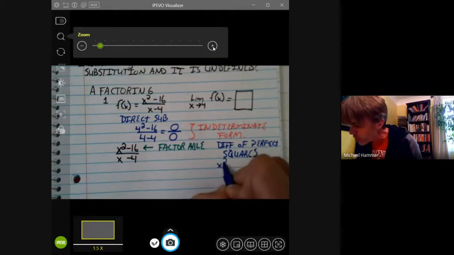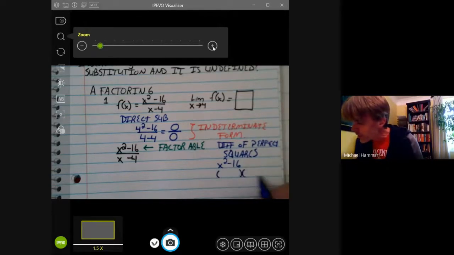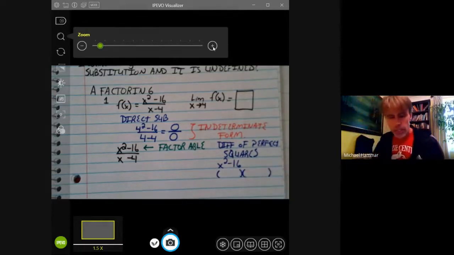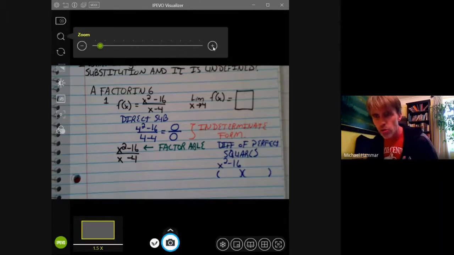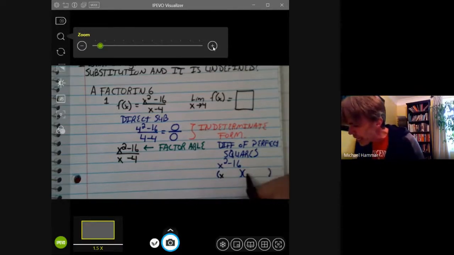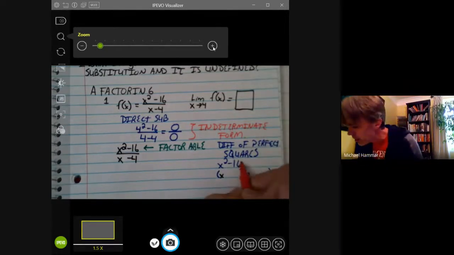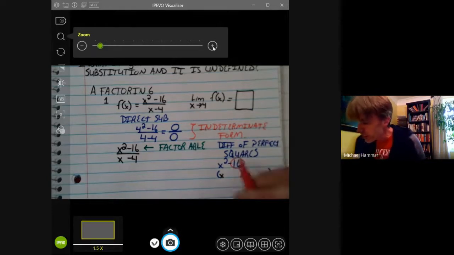So if we have x squared minus 16, remember when you factor this, the quick way to factor that is to know what the square root of both of those things are. If you take the square root of x squared, that means this splits up into x and x right here. Now, what about the 16? Well, the square root of 16 is 4.